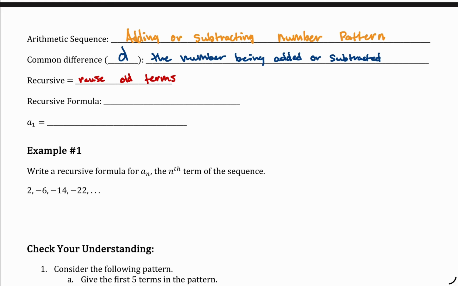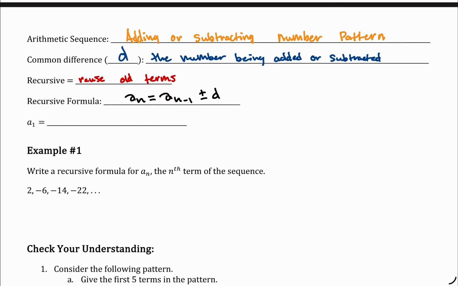And then a recursive formula. So the formula that we're going to need today looks like this. It's a sub n is equal to a sub n minus 1 plus or minus d.